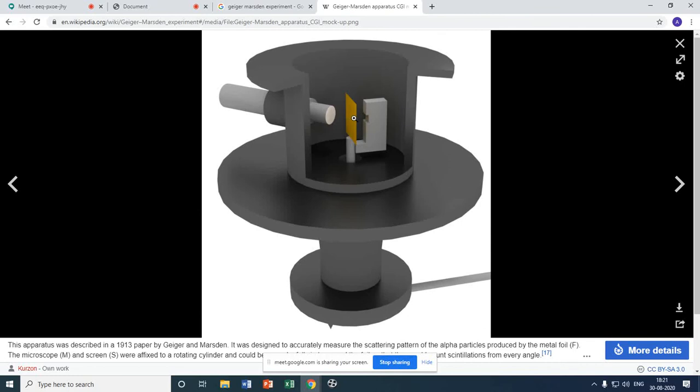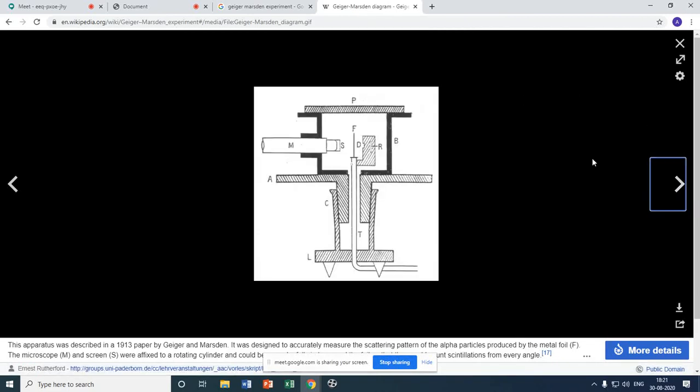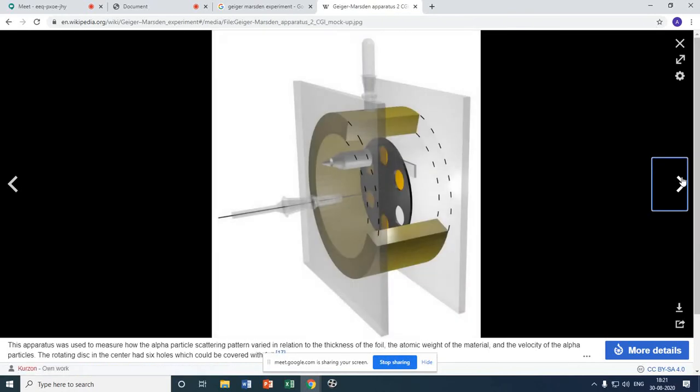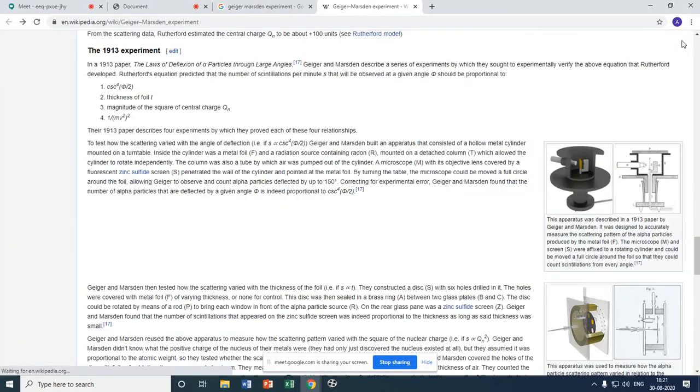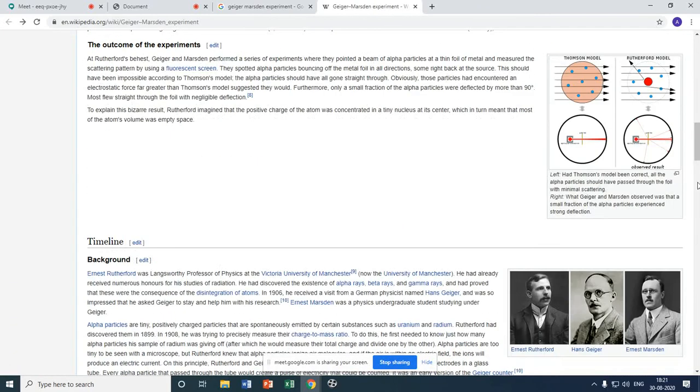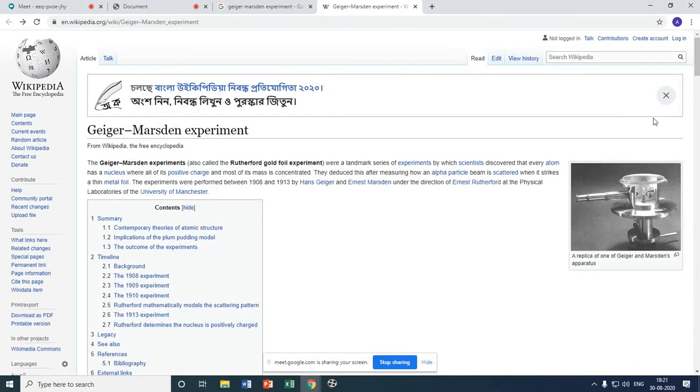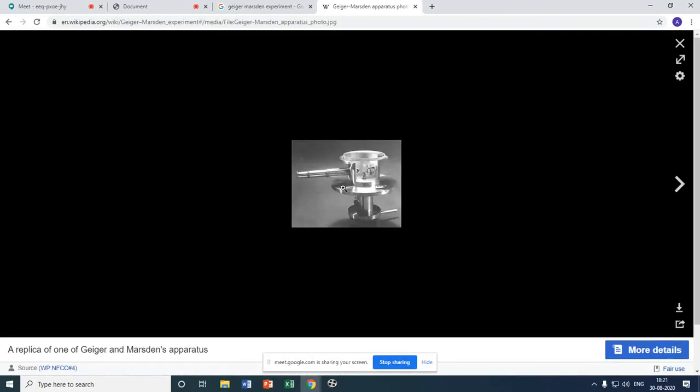You see there is a gold foil, and the alpha particles come through and hit it, and all around there are photographic plates, so we can take the readings from there. This is how it rotates. This is another view. Now the best is this one, what they have built.